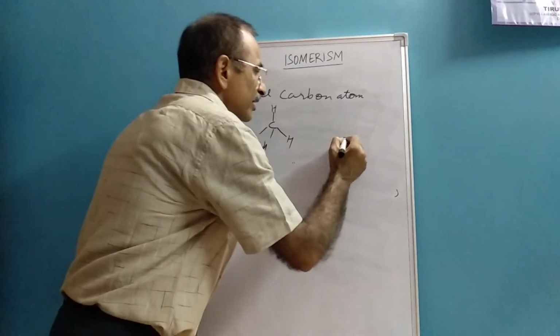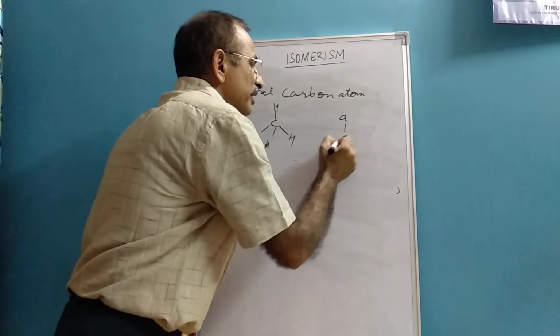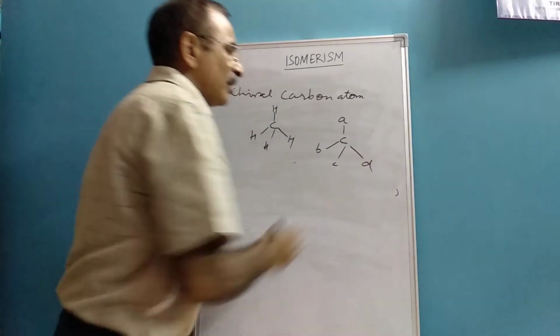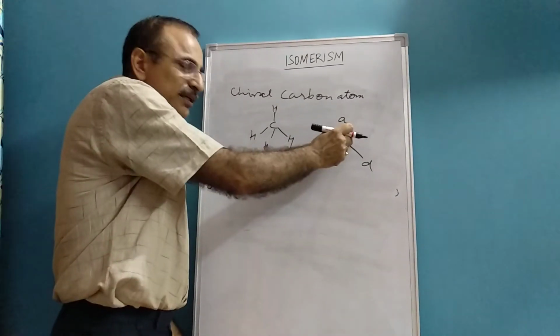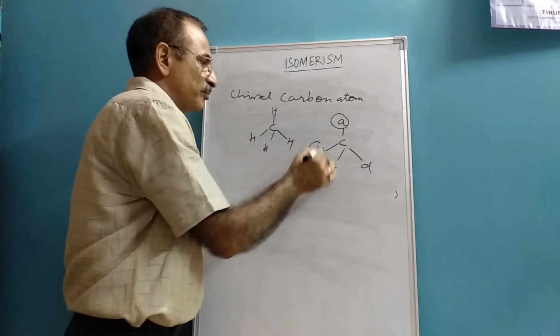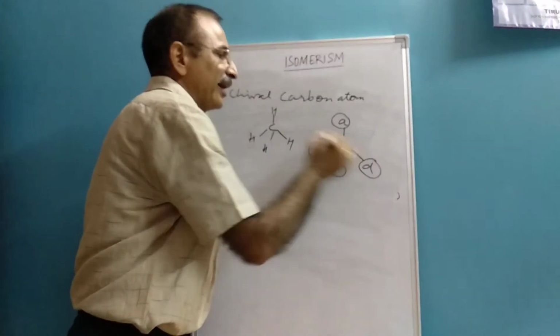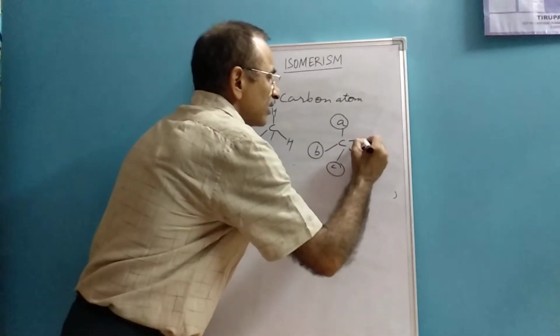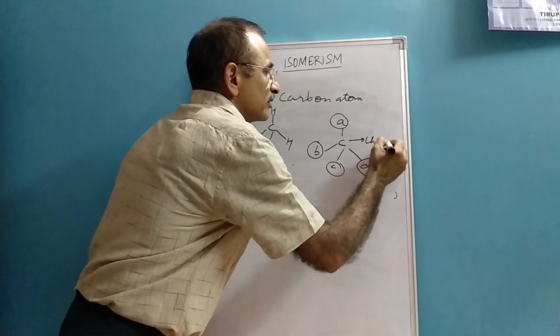But when you are having any compound in which this carbon is attached to 4 different groups, here A, B, C and D, these are 4 different groups, then this carbon is referred to as chiral carbon.